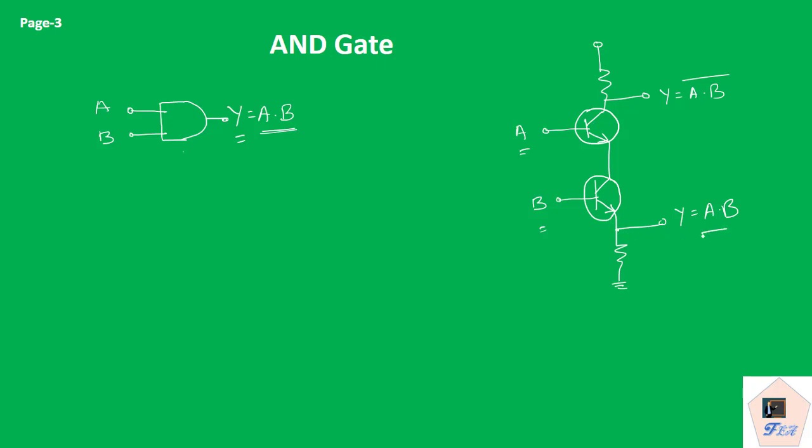So then we are having output Y equal to A and B. But if we are taking output from the collector of the first transistor, then we are getting output as A and B followed by NOT. So this is called NAND operation.